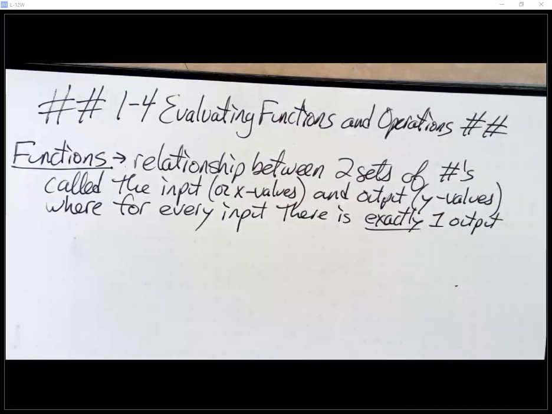So there's the basic idea. That's what functions are. You deal with them all the time in math. You don't even always realize that you're dealing with them, but you are.